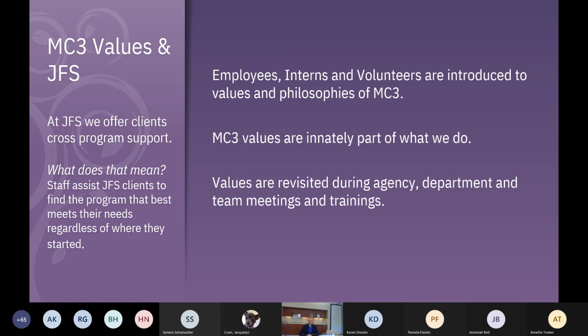We do that with our interns as well, having them involved, and actually as part of our intern curriculum for case management, we have it intrinsically involved as part of the program that they go through with our MC3 and learning about the values.